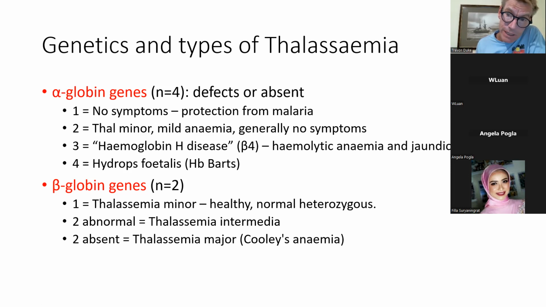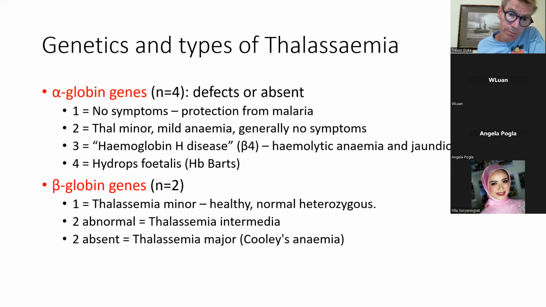That is, the baby can't make any hemoglobin, because remember that the alpha globin chain is essential for both fetal hemoglobin and for adult hemoglobin. So if you've got 4 genes that are deficient, then you can't make fetal hemoglobin, nor can an infant make adult hemoglobin.